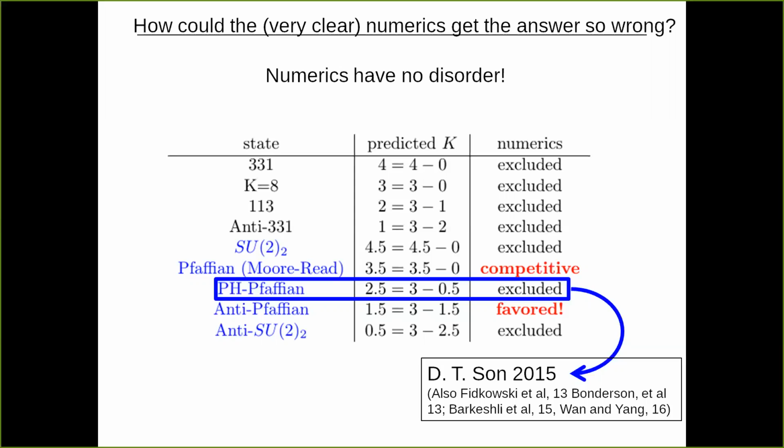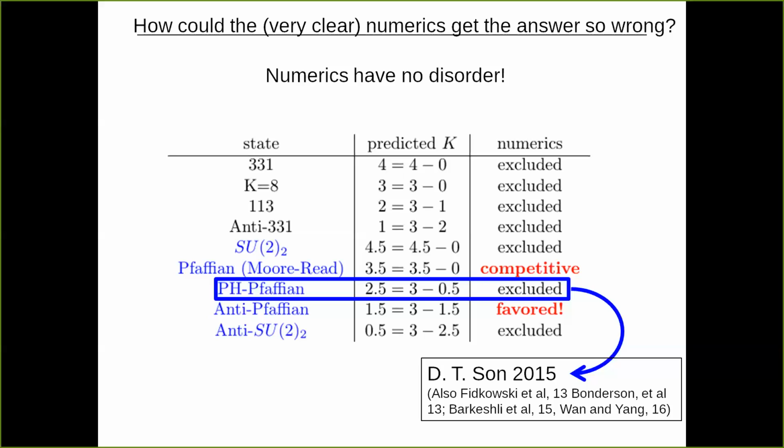Well, the numerics have no disorder. That's one possibility. It's very hard to do numerics on a small system with disorder. Disorder just would dominate everything. So you always use clean systems when you do small system exact diagonalization. And the real system has disorder in it. So is it possible that the presence of disorder changes the balance somehow and makes the PH Pfaffian favored?